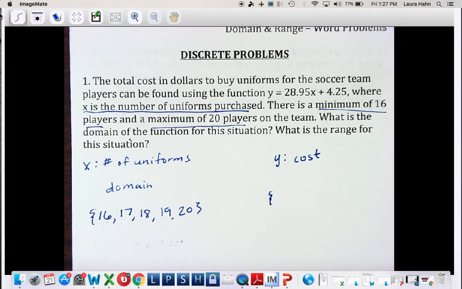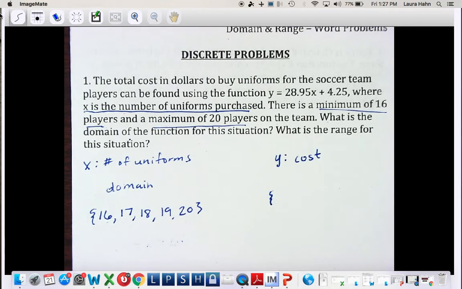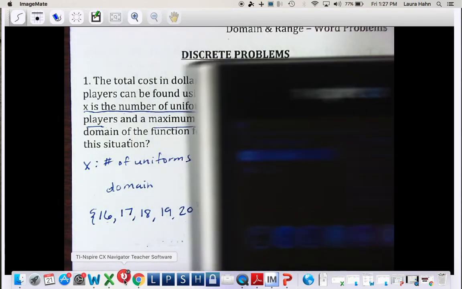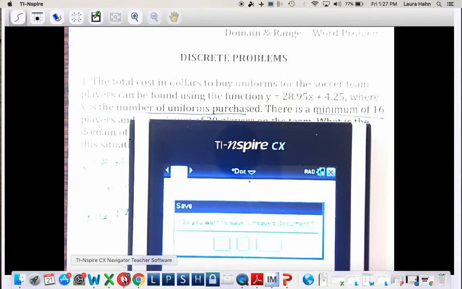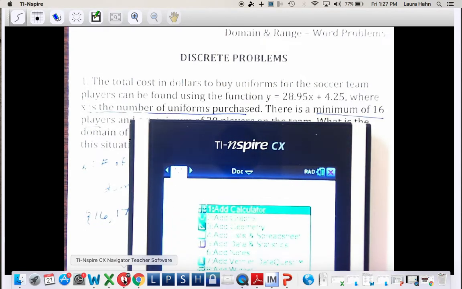Okay, I could plug in, or on this one to be faster, I'm going to use my graphing calculator. Well, for now, while that's loading, I'll just use my calculator here. And I'm going to graph the equation it gave me.